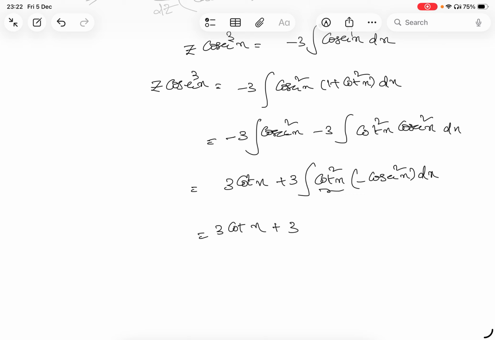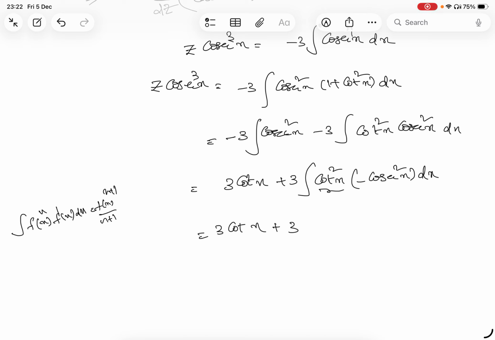Then this is in the form of integral of f of x into f dash of x, where f of x is raised to the power n, which can be written as f of x whole power n plus 1 by n plus 1, right?